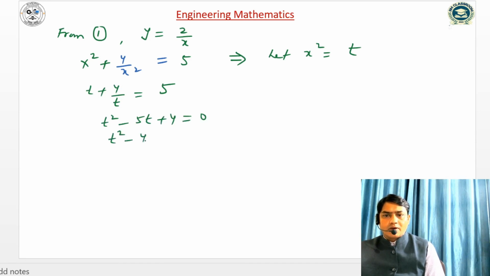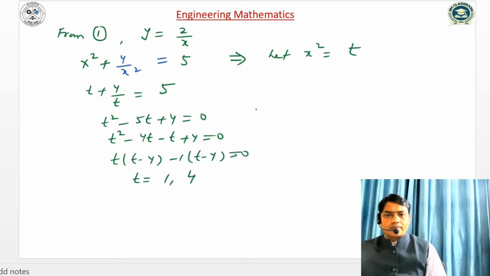So we can write t square minus 4t minus t plus 4 is equal to 0. So (t minus 4)(t minus 1) is equal to 0. So the value of t is 1 and 4.